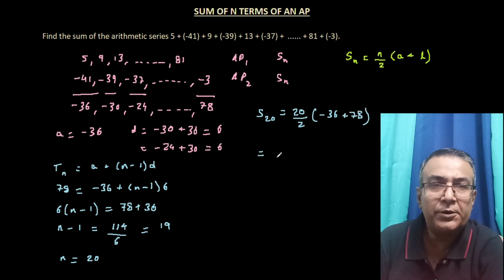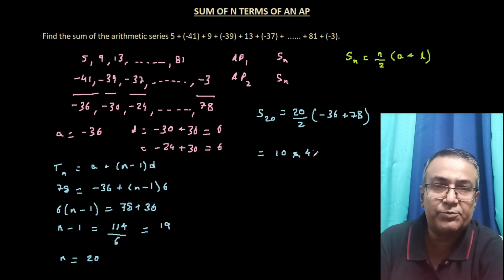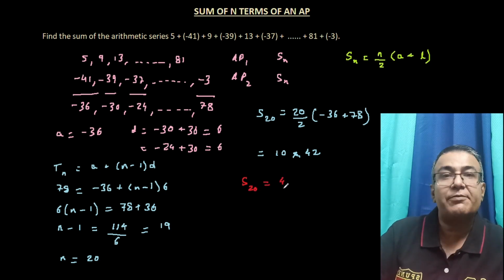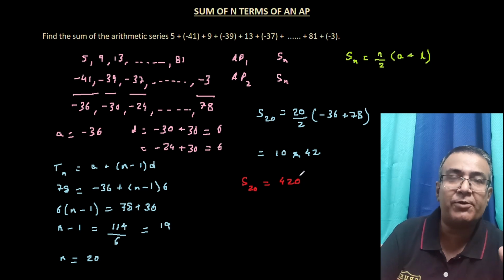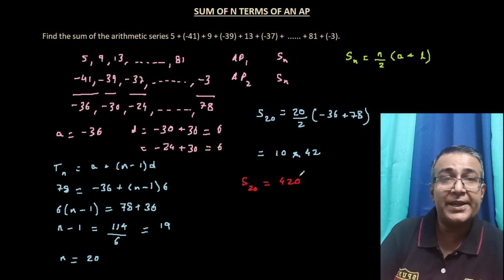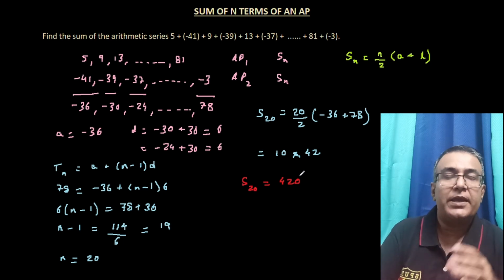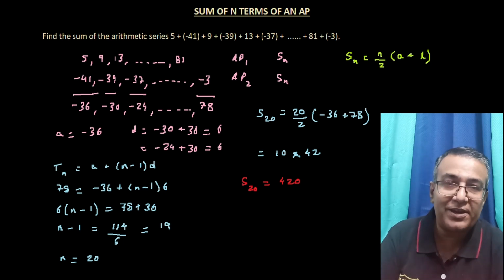So 20 upon 2 becomes 10, and negative 36 plus 78 becomes 42. So 10 times 42 becomes 420. So the sum of this big series that we have, which is 5 plus negative 41 plus 9 plus negative 39 and so on up to 81 plus negative 3, is nothing but 420.